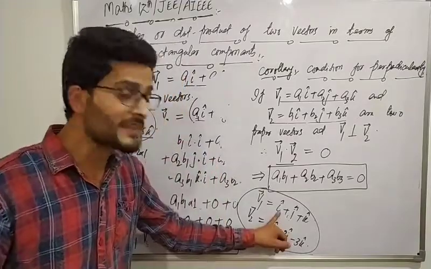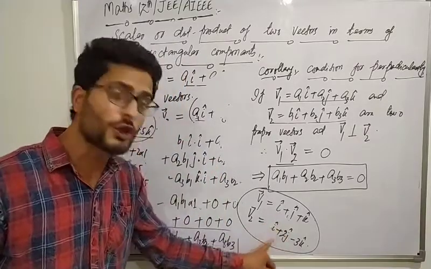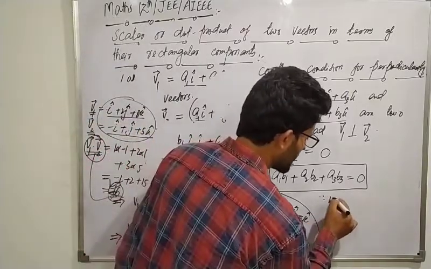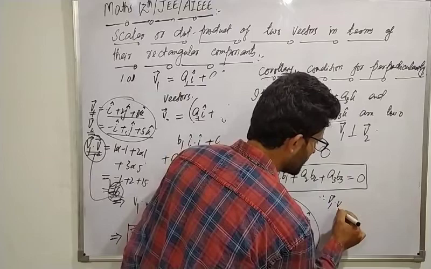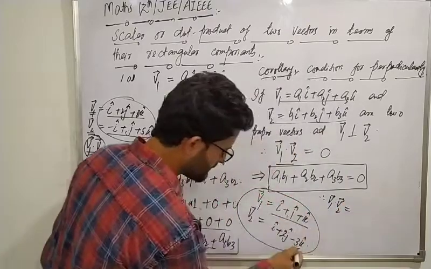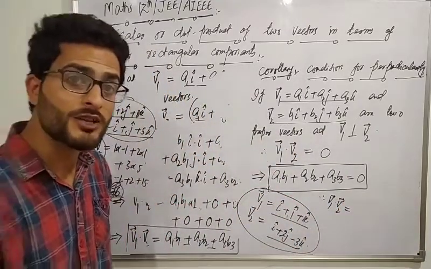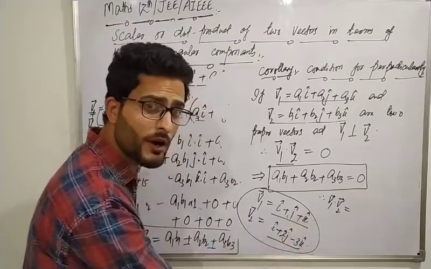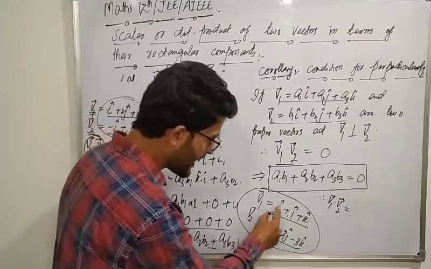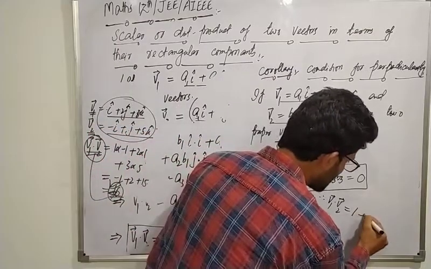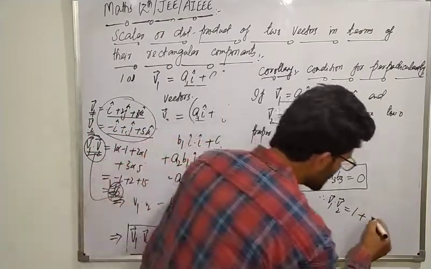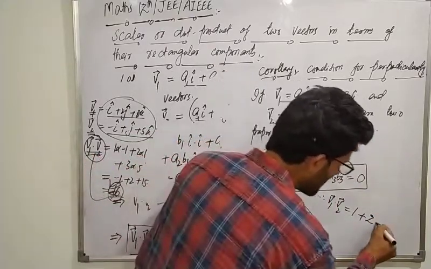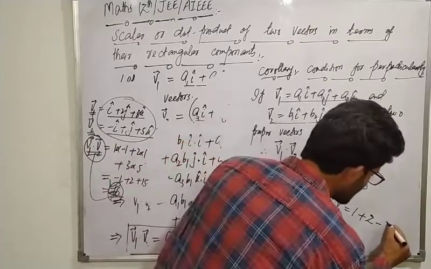No, because here the vectors are expressed in terms of their rectangular components, so we will directly find their dot product. So therefore, आप कैलकुलेट करोगे जिगरा v1 dot v2, dot product of two vectors, but when they are expressed in terms of their rectangular components किसके बराबर होता है? Sum of products of their corresponding scalar components. तो 1 into 1 that is 1, plus 1 into 2 that is 2, हाँ जिगरा, plus minus 1 into 3 that is 3.